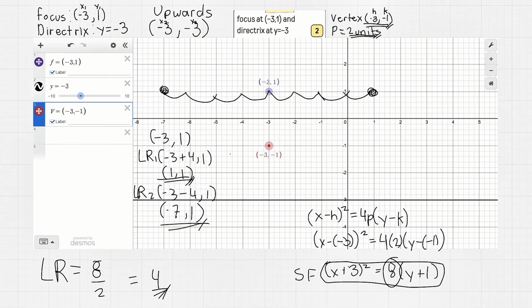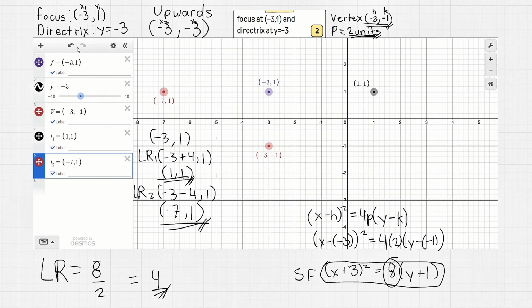Now I will plot this in Desmos. After plotting the latus rectum, and all the parts of the parabola, like focus, directrix, vertex, and we also found our focal distance and latus rectum, we can finally check if our standard equation is correct. So, I'm going to put our standard equation in Desmos.